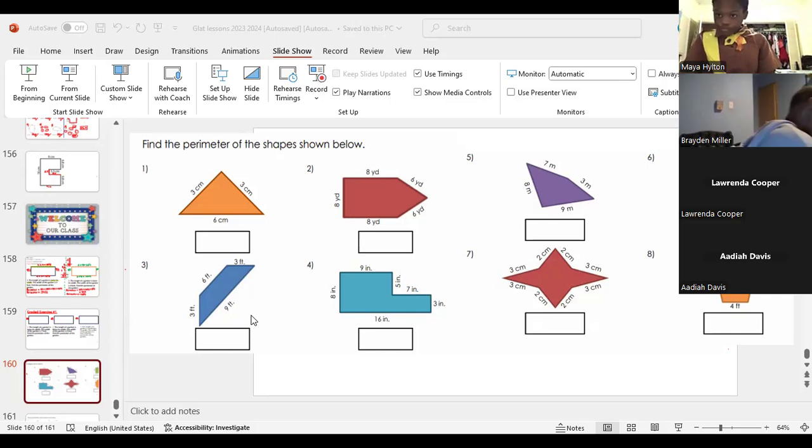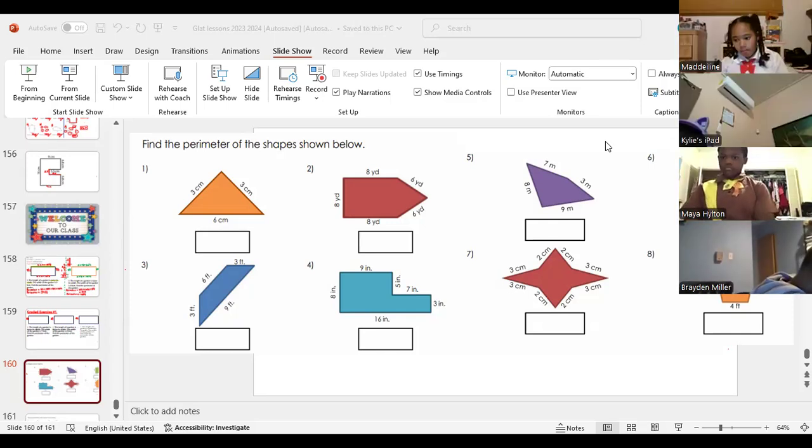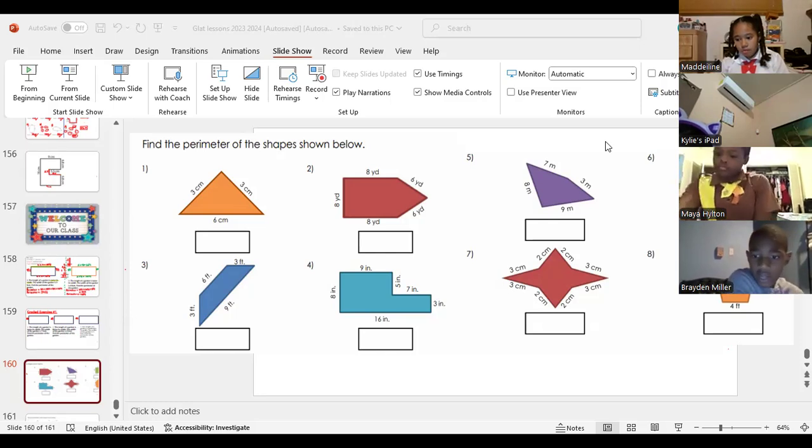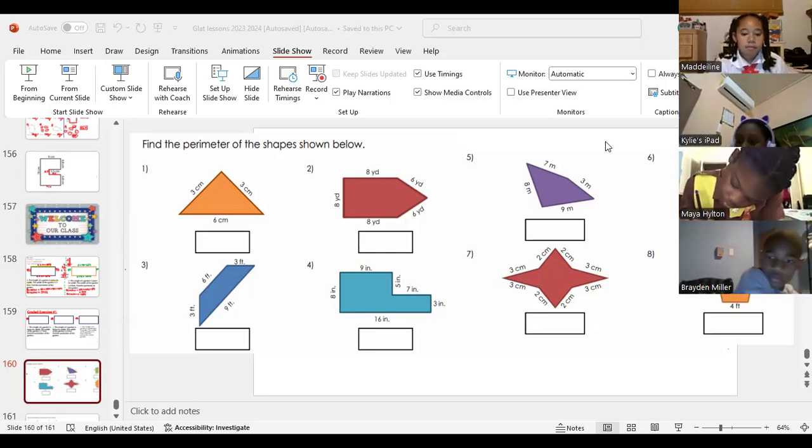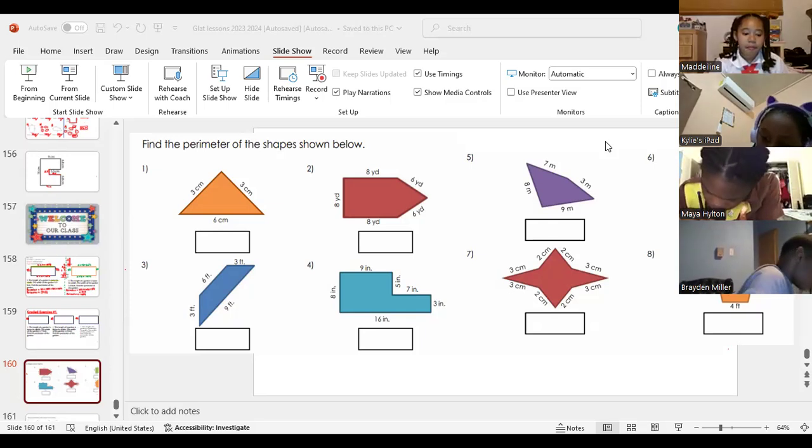Number 7 looks good. That's fine. Lorenda, what number are you on now? On number 7. And Madeline, what number are you on at this point? I'm on number 9. Okay, that's fine. Good.